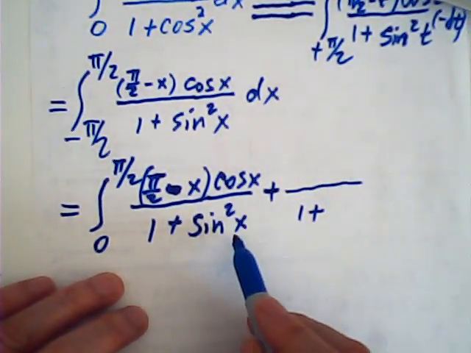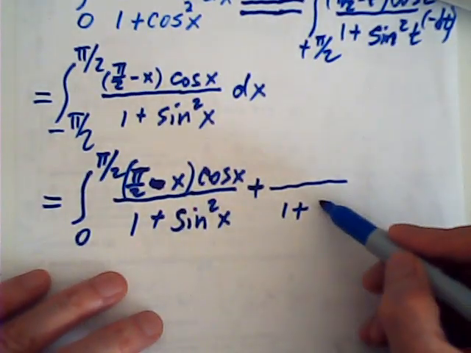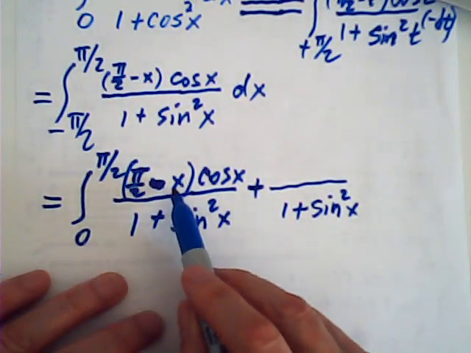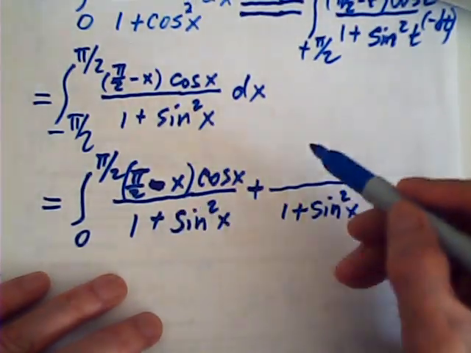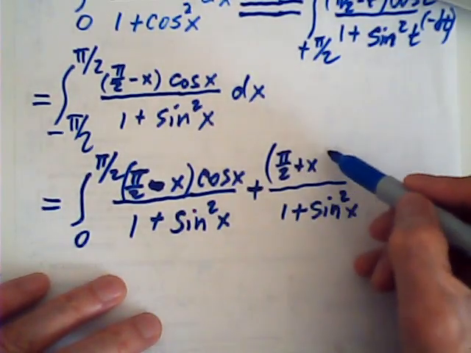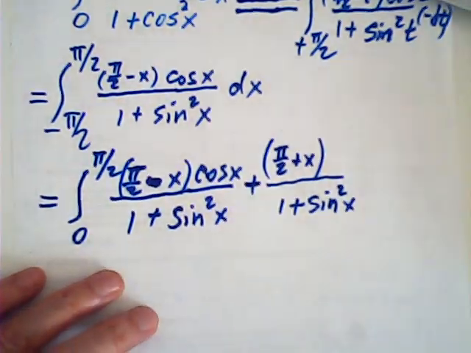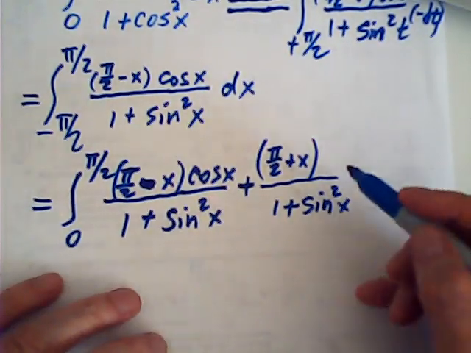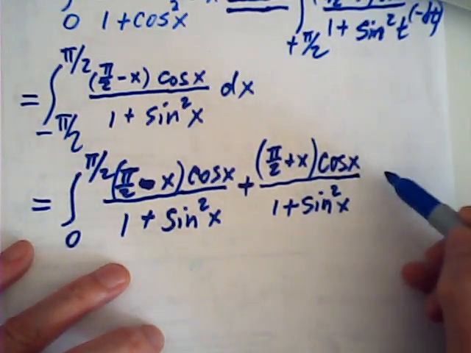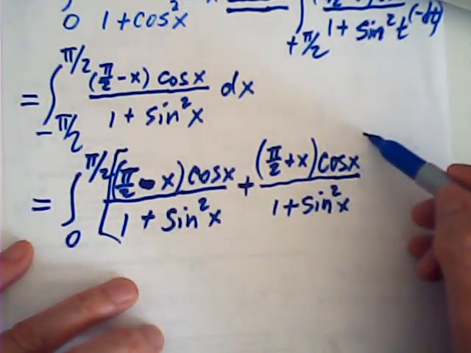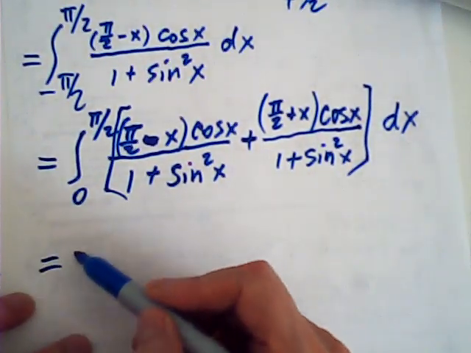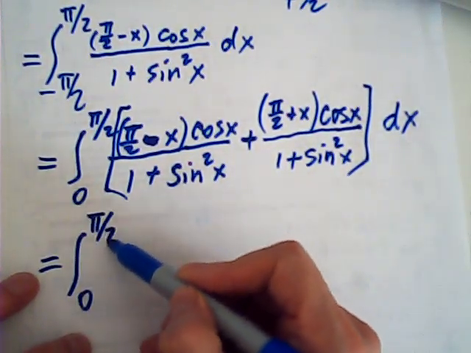So this is negative sine x, but after squaring it makes no difference. And with negative x, this becomes half pi plus x. Cosine of negative x is also cosine x, no difference. Then altogether dx.